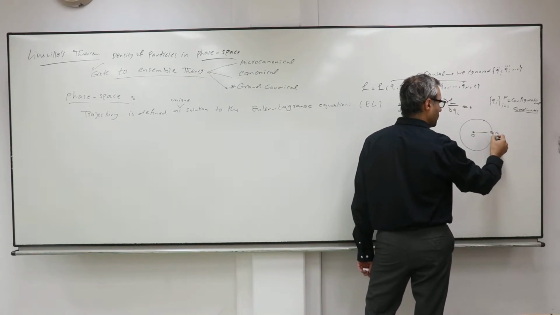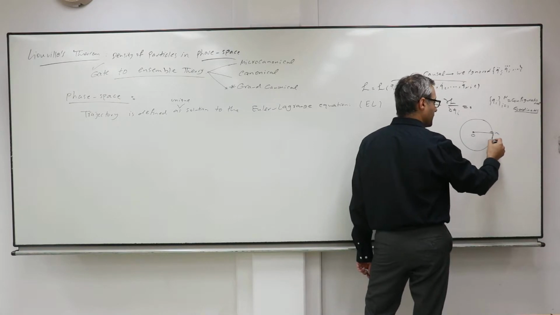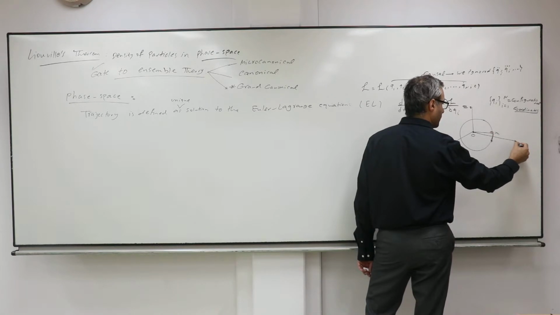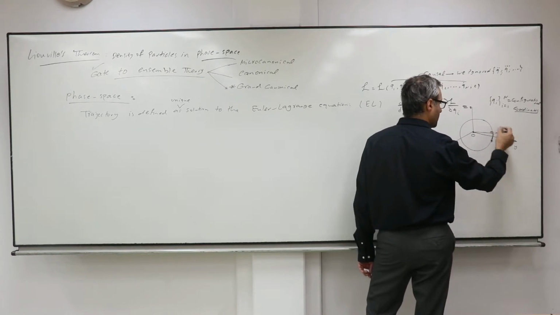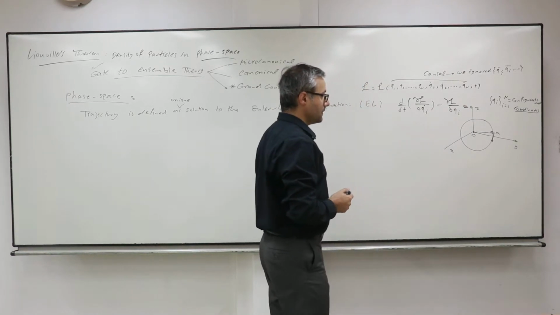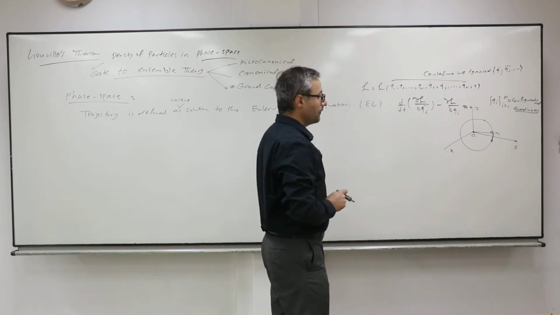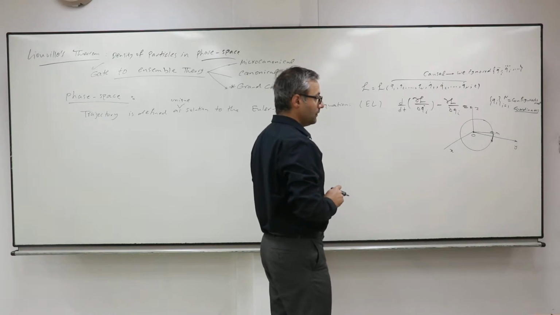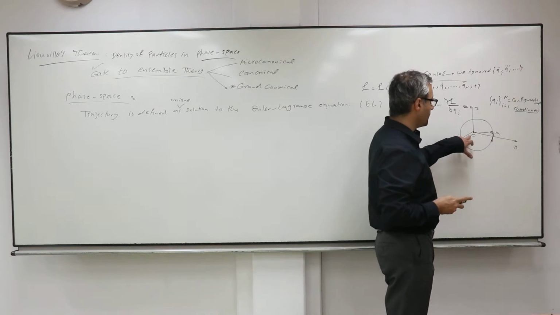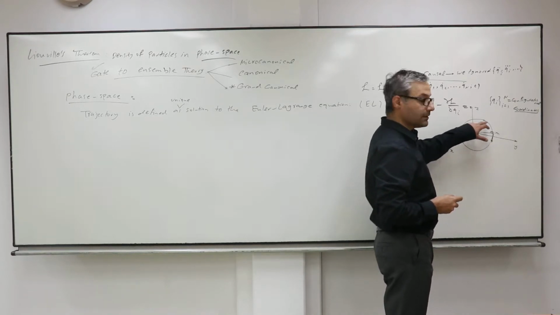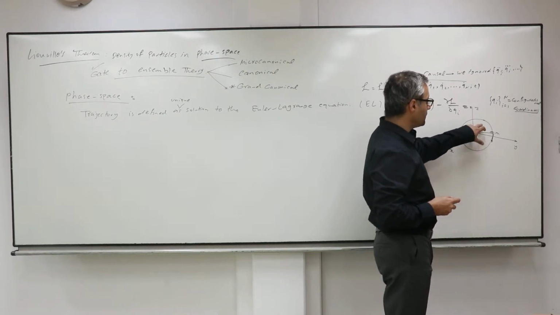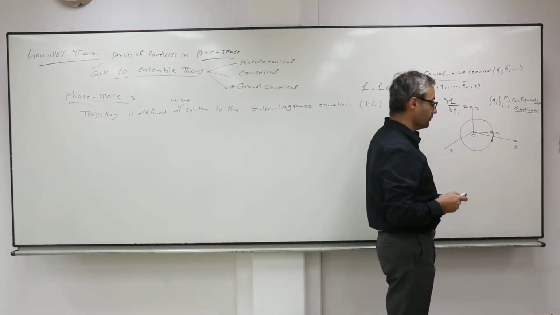for example. This is the particle, moving on a circle. You know that in 3 dimensions, x, y, z, this circle exists in the xy plane, for example, or any other plane. So you have one restriction here: the distance of the particle to the center always remains constant. This condition reduces the number of coordinates from 3 to 2.